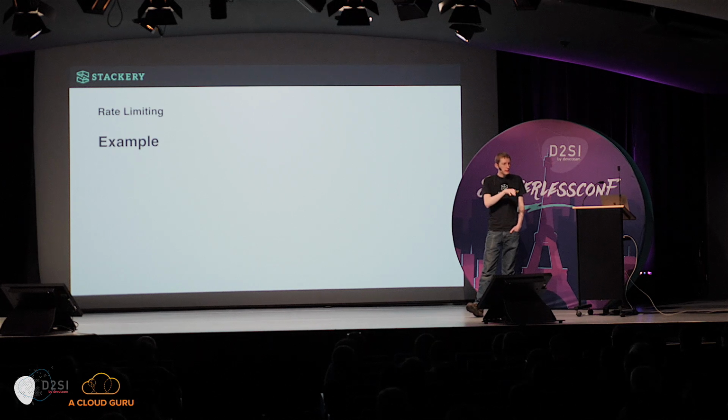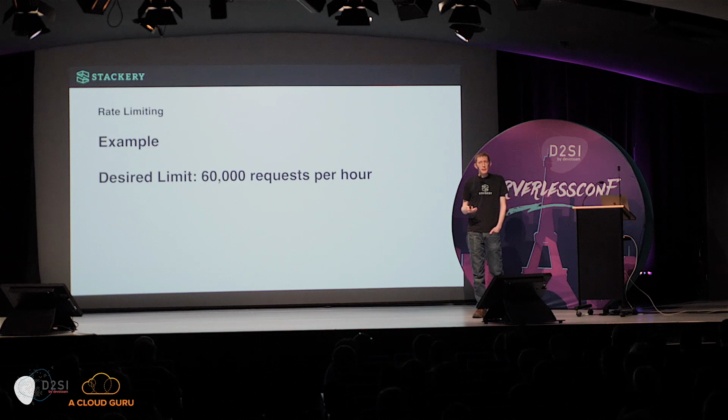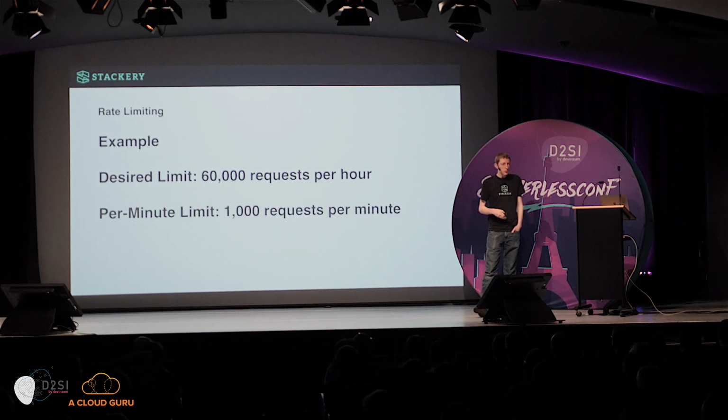So let's look at our example in a little bit more depth. We decide that we want to only hit our partners at about 60,000 times per hour. We can divide that out to get a more granular amount, 1,000 requests per minute, which makes it a little bit easier to develop and test.